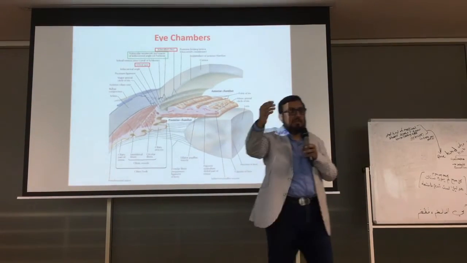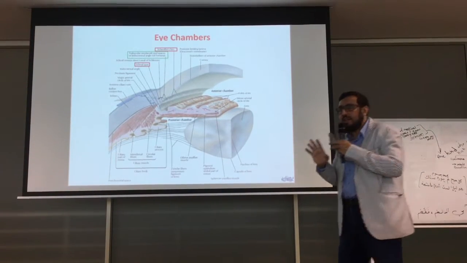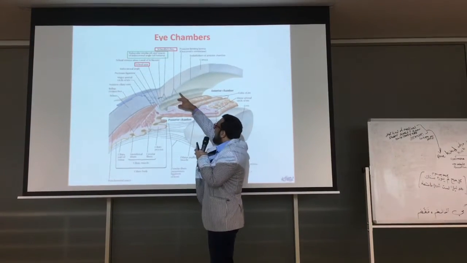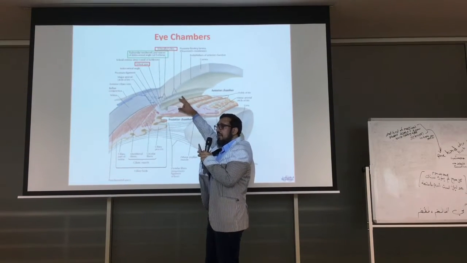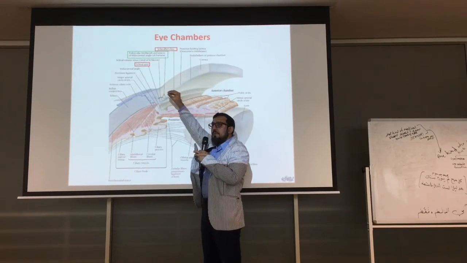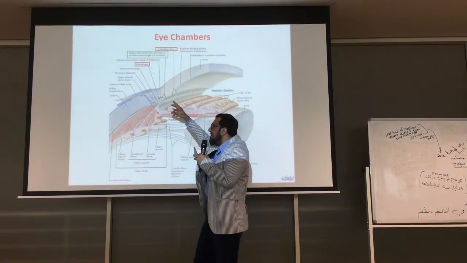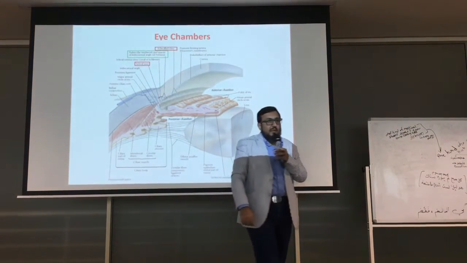There are steps in between also which you can memorize. But for your understanding, between the line of Schwalbe and the scleral spur, the trabecular network is absorbing 85% of the aqueous humor, which is draining into the canal of Schlemm and then to the veins.